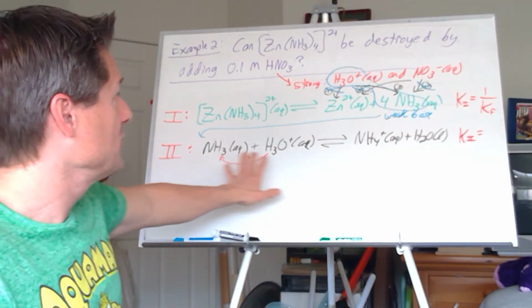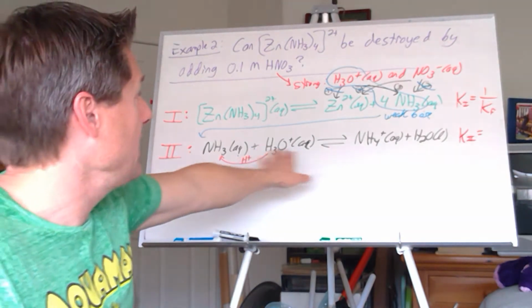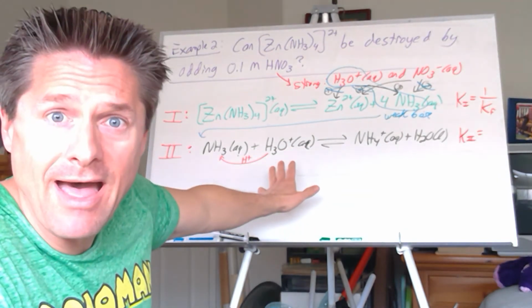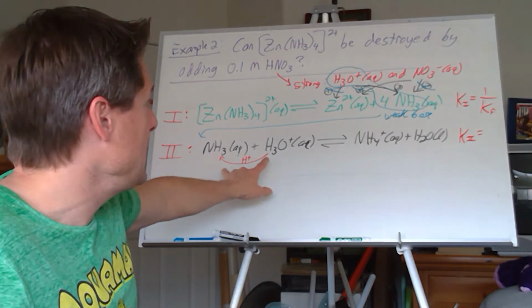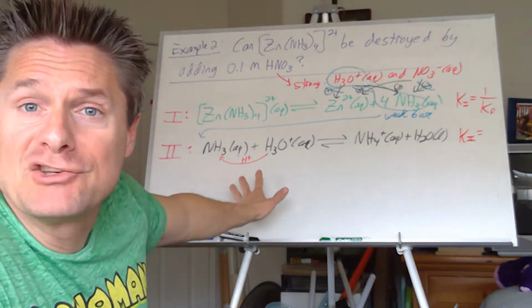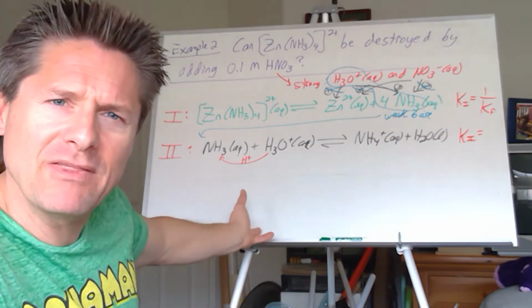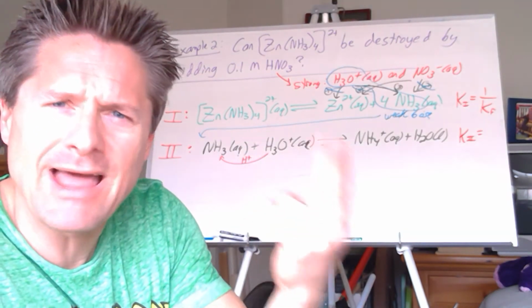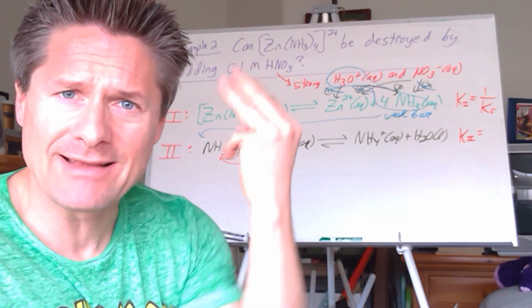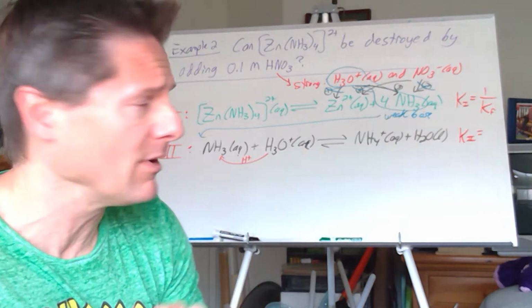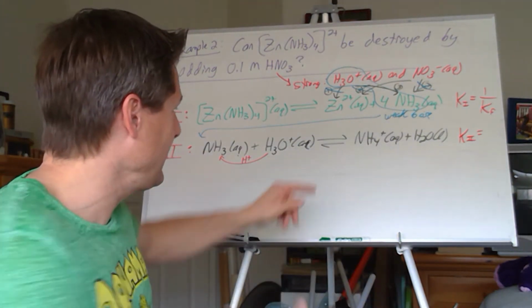All right? There's no solid in there, so it's not a KSP. There's no complex ion, so there's no Kf, right? I don't see 2 water molecules reacting with each other, so it's not a Kw. So what could it be? The only thing left, if it's not a Kb, it's not a KSP, it's not a Kf, it's not a Kw, either backwards or forwards, it must be a Ka. You see the hydronium?